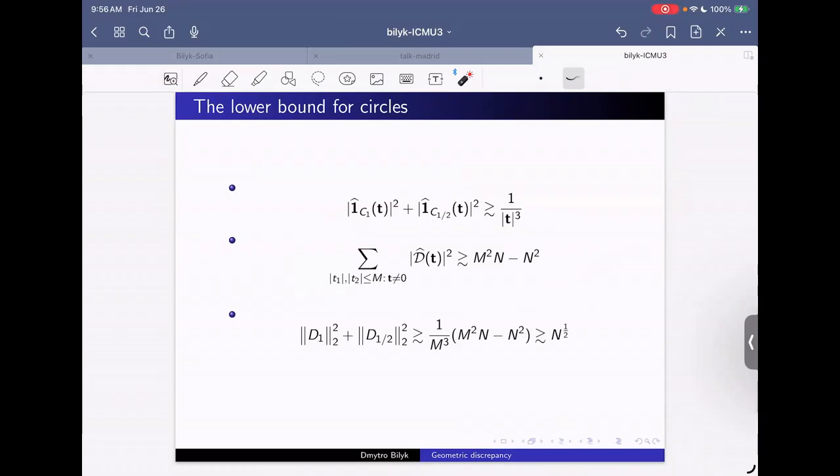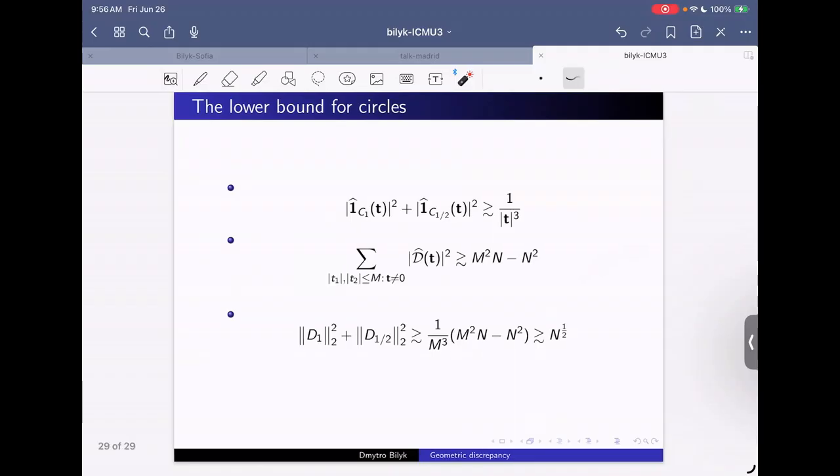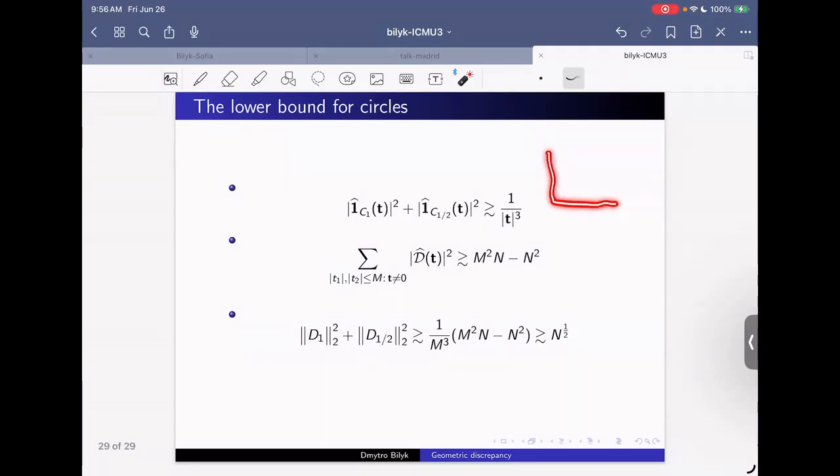This is for some square from negative m to m, so I'm looking at the big square. Instead of taking the sum over all of Z squared, I'm taking the sum over frequencies in this square, from which I need to remove the 0. I take the sum over all such frequencies, so this will be a lower bound to the sum over all of Z squared.